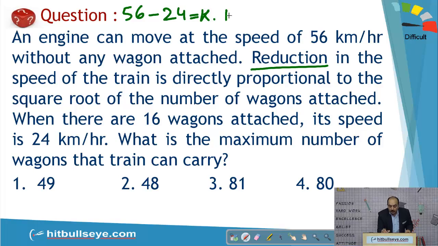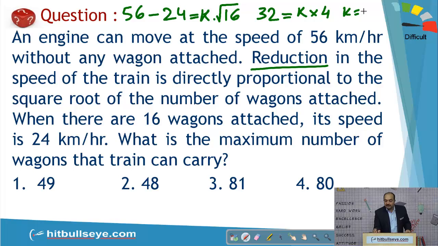So wagons are 16, and the square root of 16 should be taken. So we'll get 32 equals k multiplied with 4, and the value of k we get from this equation is 8.